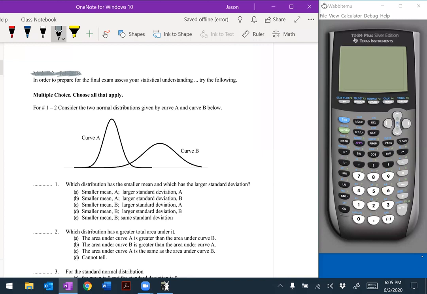Okay, for number 1 and 2, consider the two normal distributions given by curve A and curve B below. Which of the following has smaller mean and which has a larger standard deviation? Well, if we look at the mean here, the mean of curve A is smaller than the mean of curve B. The standard deviation of A is also smaller than the standard deviation of B because of the width involved.